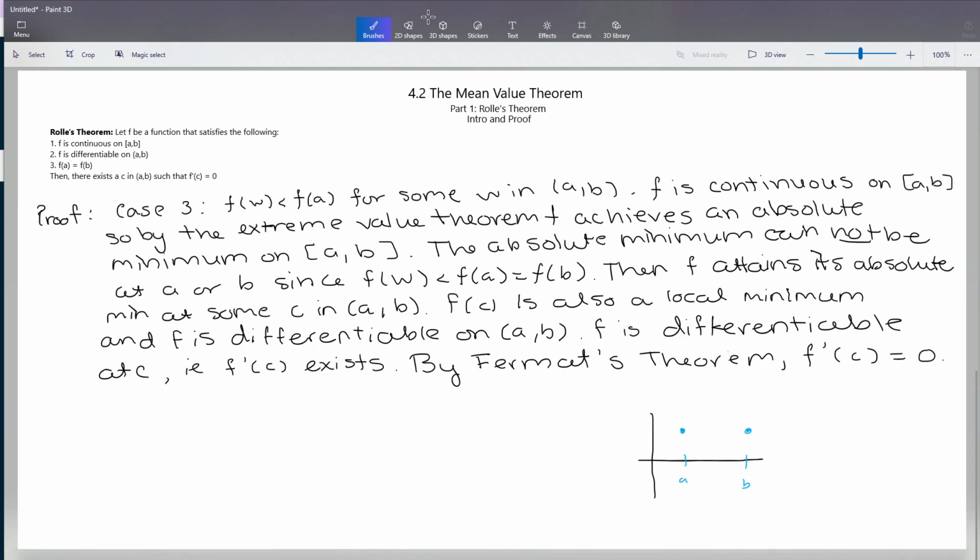It has to go down from those endpoints. And if it goes down, you know it has to come back up to hit this point. So when that happens, there is some point here where the tangent line is completely horizontal, meaning that the derivative is 0. And this would be our point C.